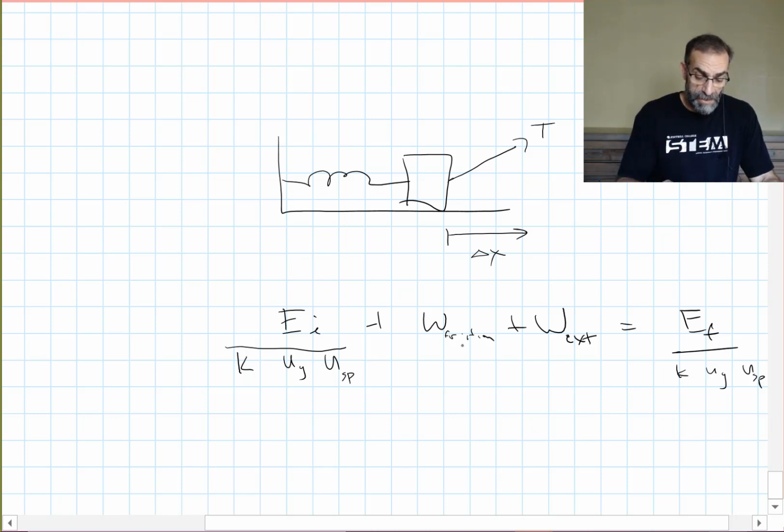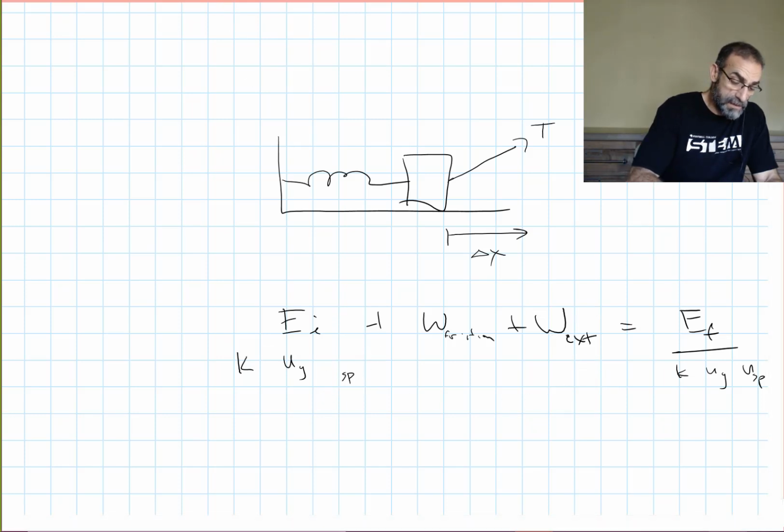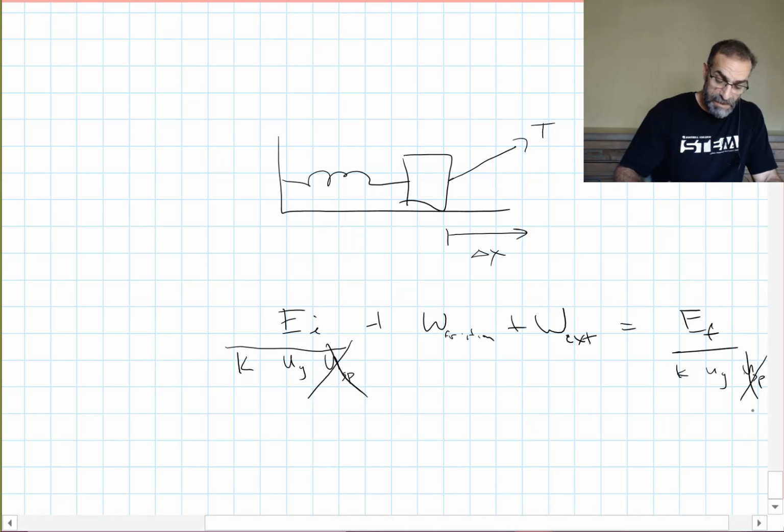So if you include the spring as part of your system, then there's no external forces, you have U spring. If you do not include the spring in your system, then you don't have potential energy stored in it because it's not part of your system, but you would have work done by the spring.